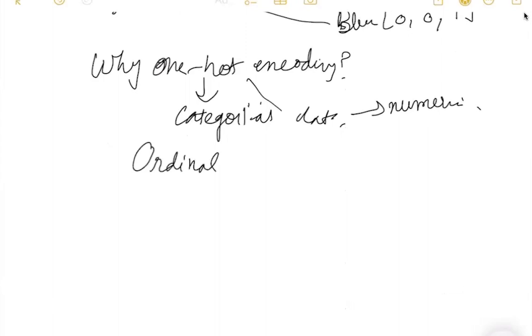It's a type of categorical data having a specific order. For example, we have 3 categories: low, medium, high. So we know low comes first, then medium, then high. And one-hot encoding treats them as distinct entities.